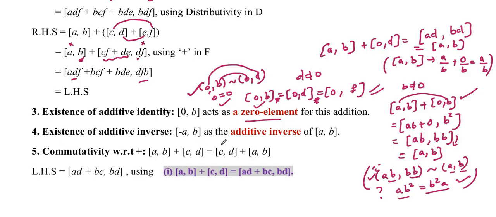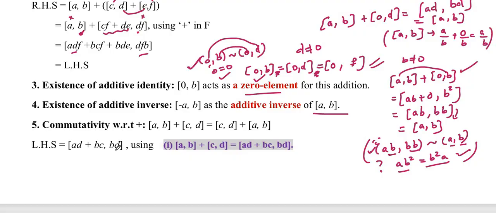Now, existence of additive inverse. You consider any element AB for which minus A comma B will act as the additive inverse. So that even can be checked in the same way. And then commutativity with respect to plus, you have to have AB plus CD should be same as CD plus AB. And you consider LHS, the addition is defined in this way. So this is the definition of addition.